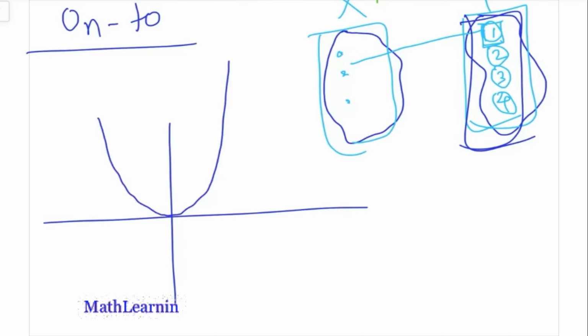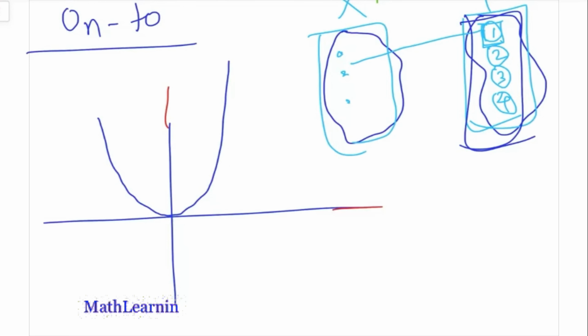Now if you see this parabola, is it an onto function? How come it is onto here? Because for different inputs, there can be the same output value. So let me tell you one thing.